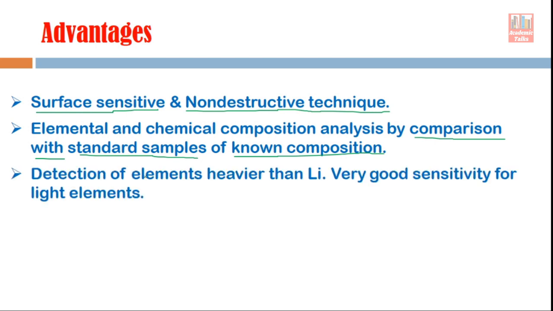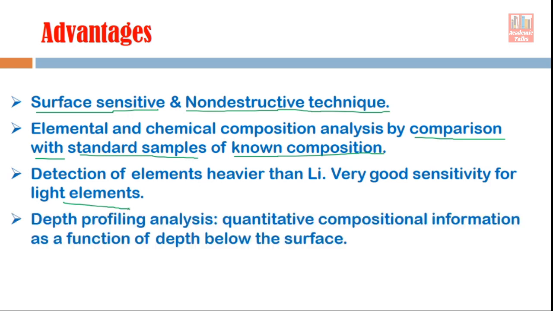Now, detection of elements heavier than lithium, it has very good sensitivity for lighter elements. So a wide range of elements can be identified, we can summarize it like this. Now depth profiling is also possible, that is, quantitative compositional information as a function of depth below the surface. I told you this is a surface sensitive technique, so we can get signal from a few monolayers on the top of the sample surface.